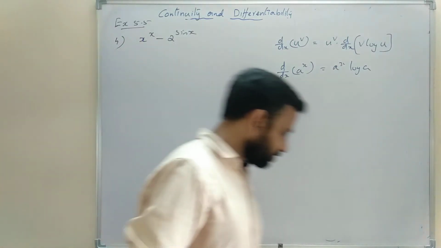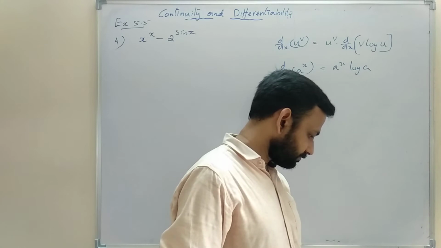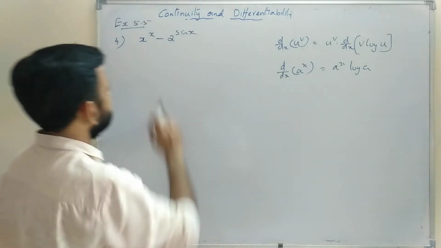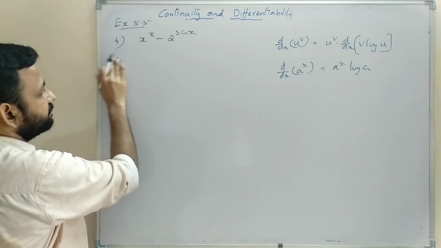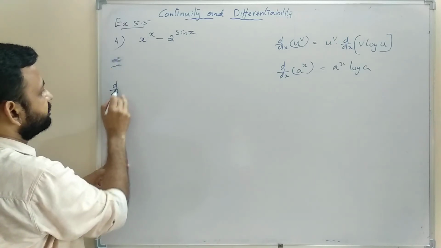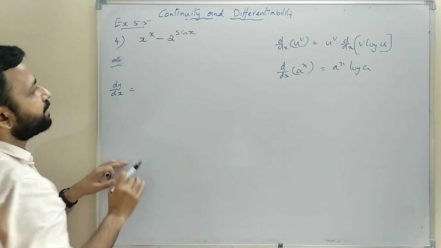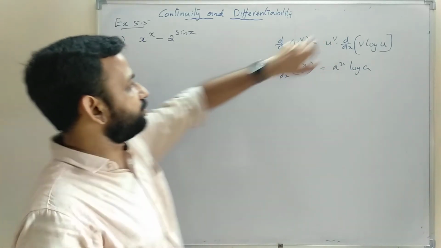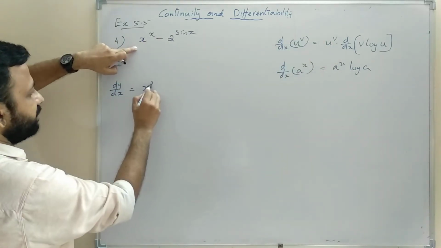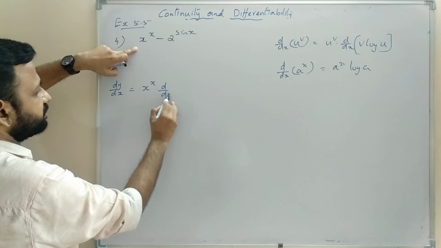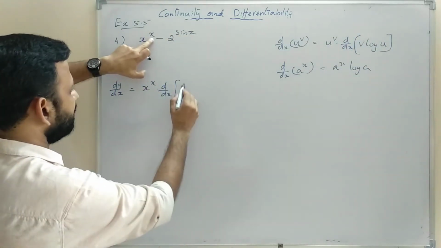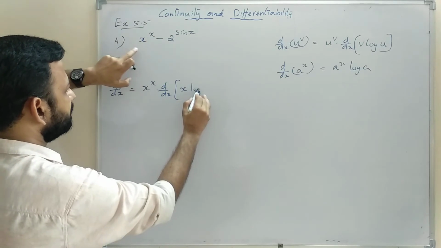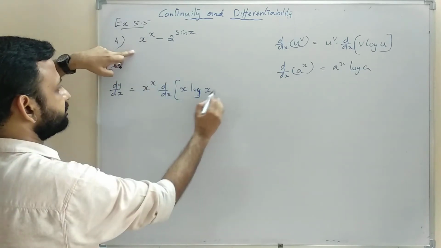So when we do this question, here it is a minus sign. Then dy by dx is equal to u raised to v, that is x raised to x, into d by dx of v log u, that is x log x.